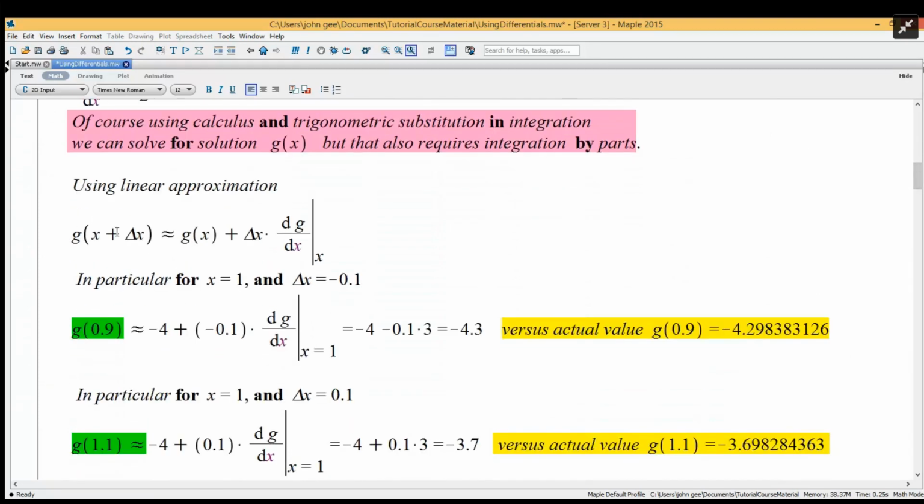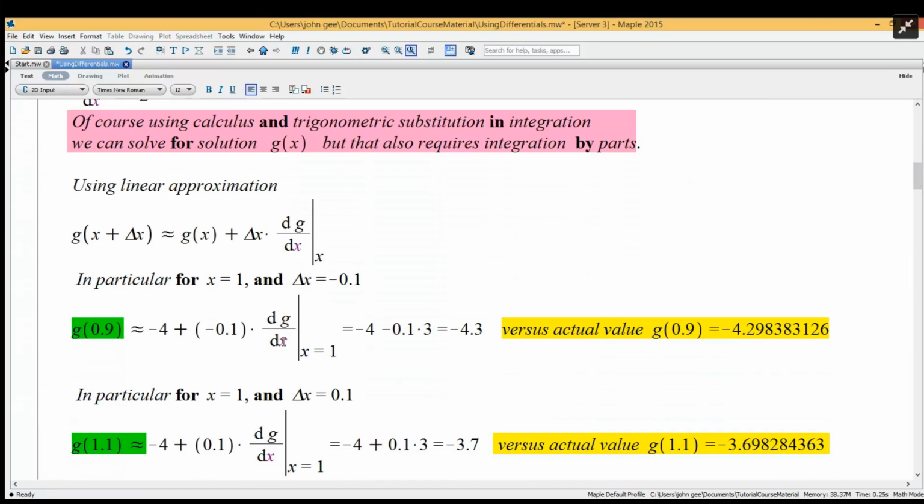g of x plus delta x is approximately g of x plus delta x times the derivative of g at x. In particular, for x equals 1 and delta x equals minus 0.1, the value of g of 0.9 is approximately minus 4 plus minus 0.1 times the derivative of g at 1.